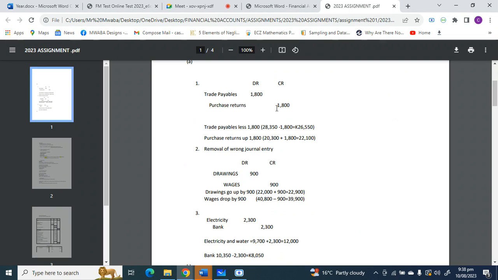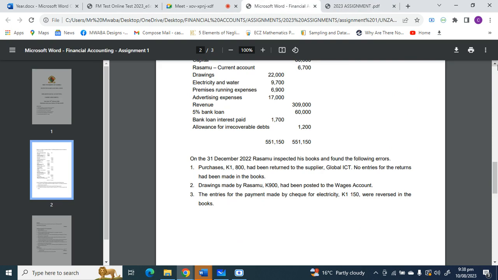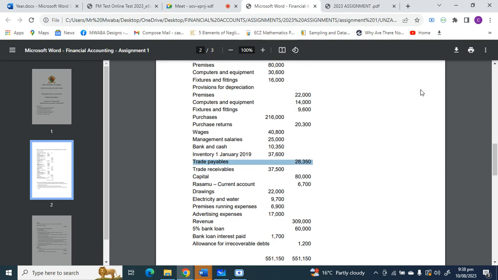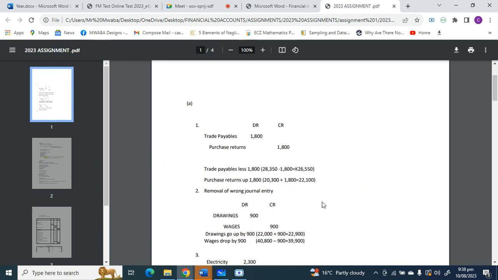We have to add it to our purchase returns amount. The purchase returns is 20,300, so we add 1,800: 20,300 plus 1,800 gives 22,100. So these are the new balances for trade payables and purchase returns. The balances have been adjusted.